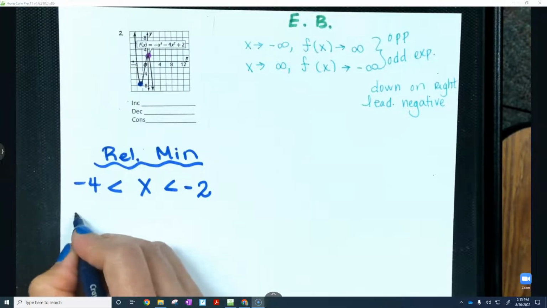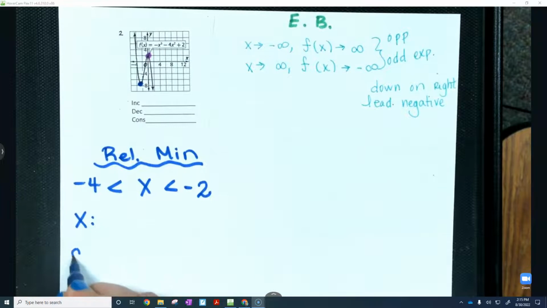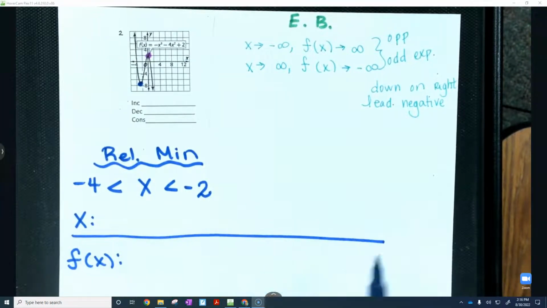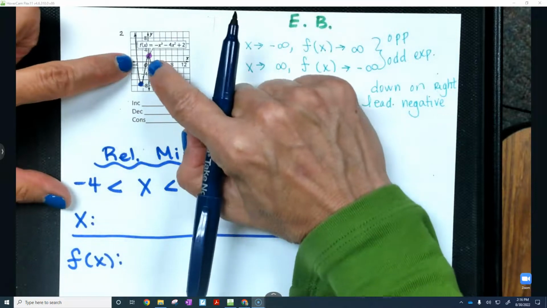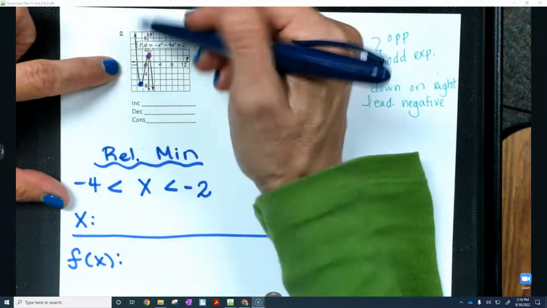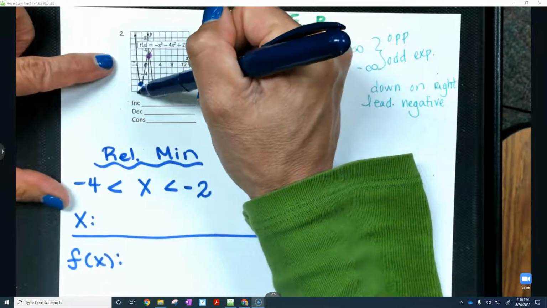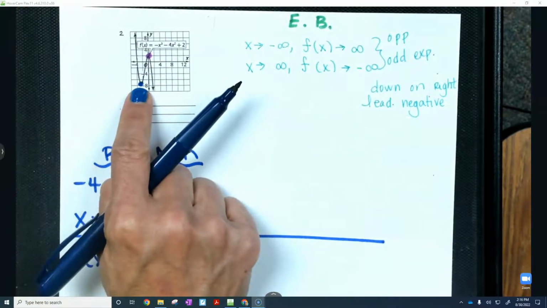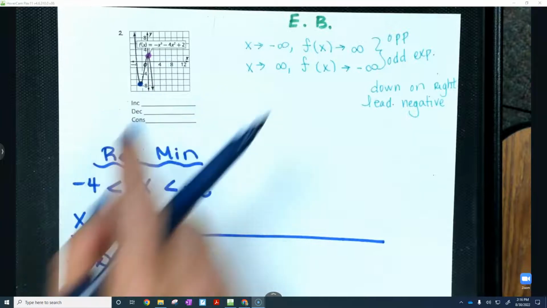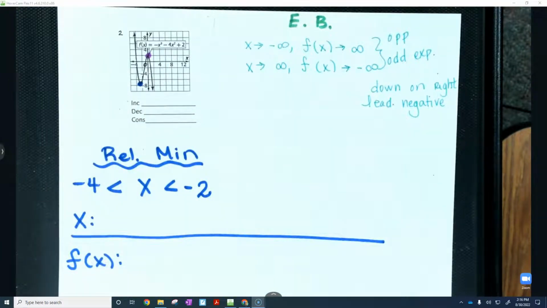So we're going to guess and check in increments of halves. See, this is the -4 line right here. That's the -2 line. And see how this is just floating in between? We have no idea what it is, but we're about to find out.